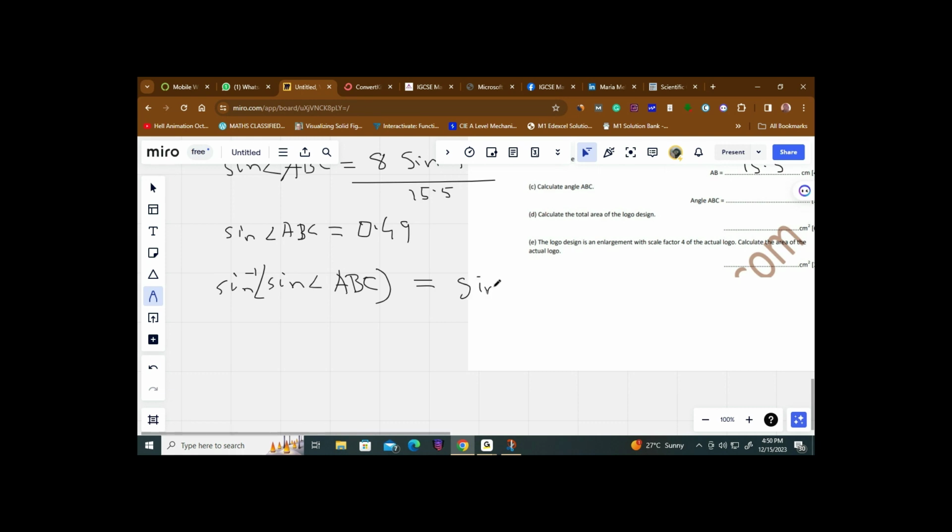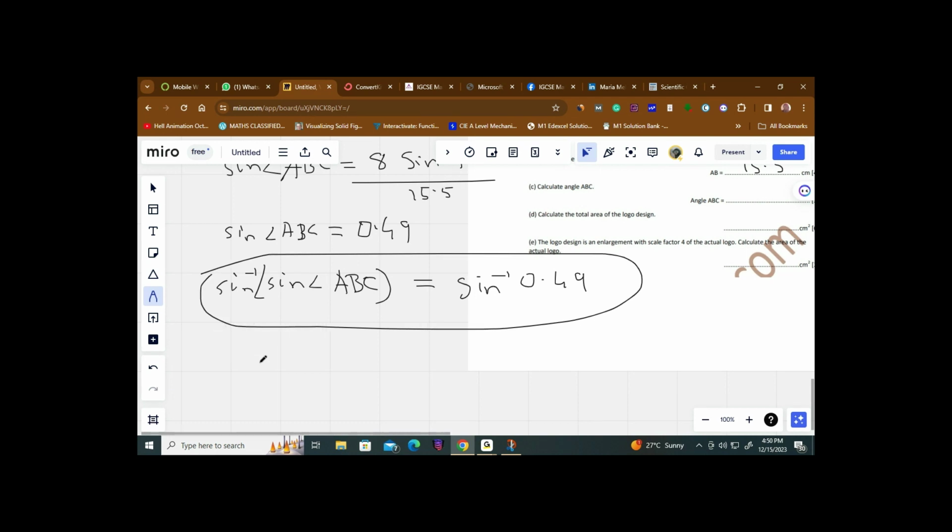On the left side only angle ABC will be left. That's why you directly use your sine inverse and you get the answer. This is something extra I'm telling you. You don't have to show it in your work. You can write it in your notebook just for understanding. So angle ABC equals sine inverse of this thing.